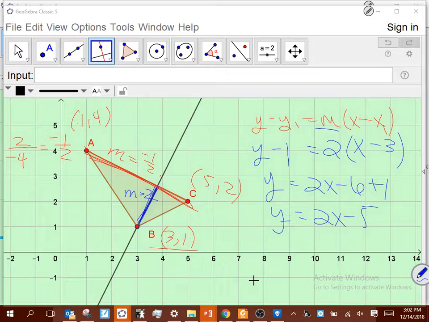And through definitions and vocabulary like altitude or median, what's the relationship between slopes I could use? Okay? Does that make sense? The more you know your vocabulary, the easier it's going to be for you to design a process for finding your equations.